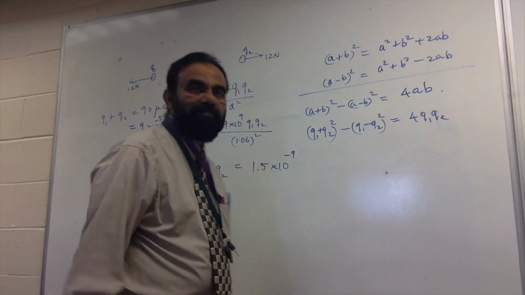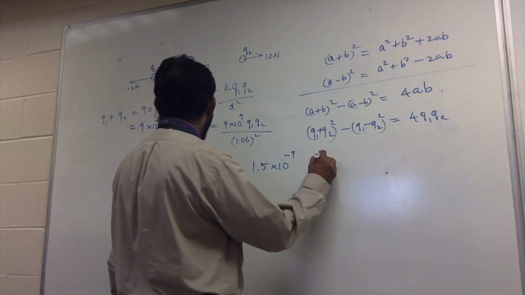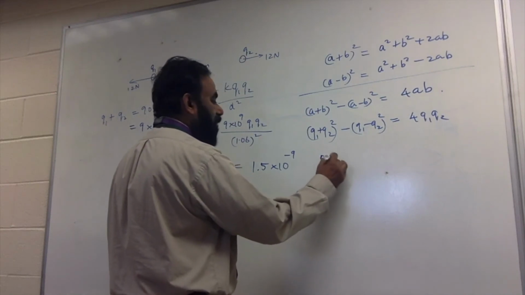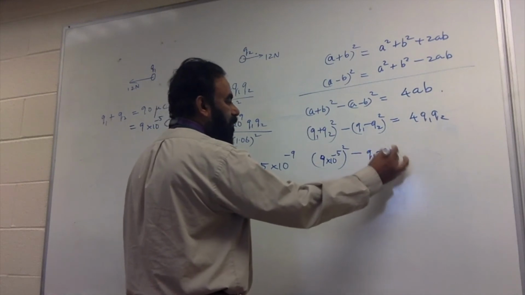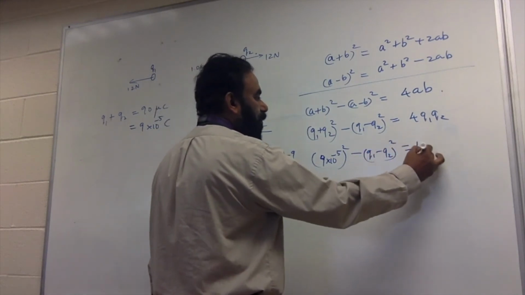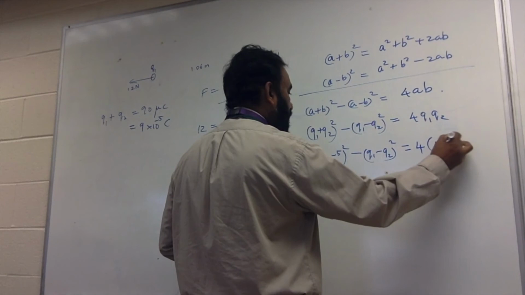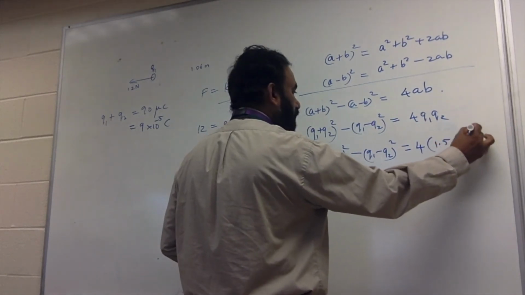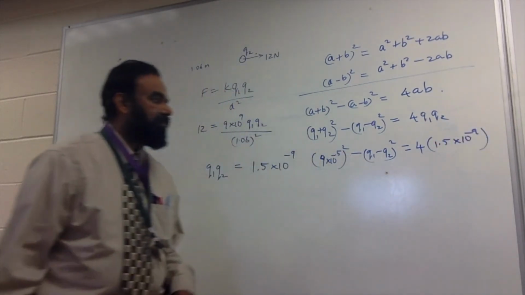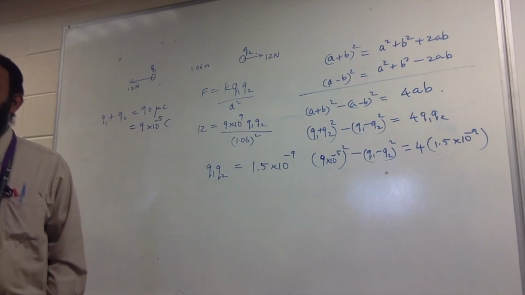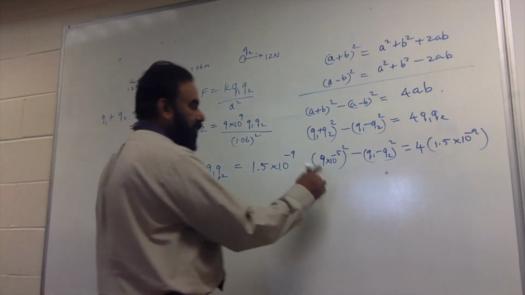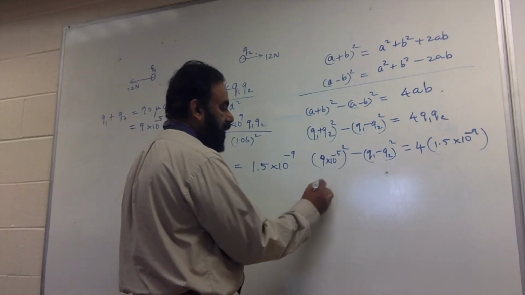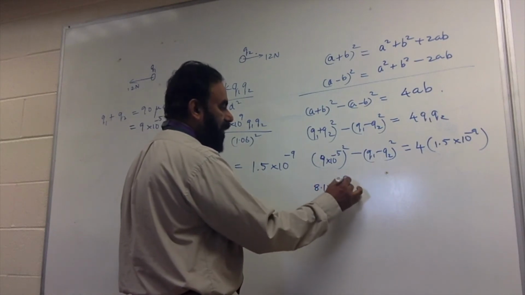Go ahead. So this is 9 times 10 power minus 5 squared minus Q1 minus Q2 squared is equal to 4 times 1.5 times 10 power minus 9. Shuffle it up and get Q1 minus Q2. This is going to be 8.1 times 10 power negative 9.